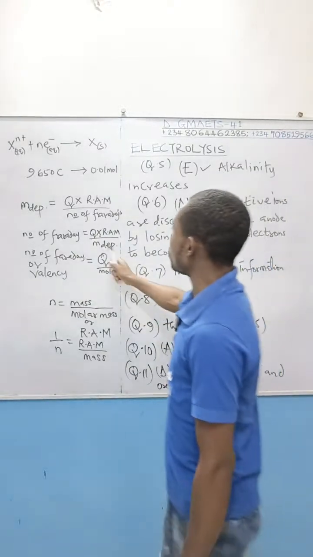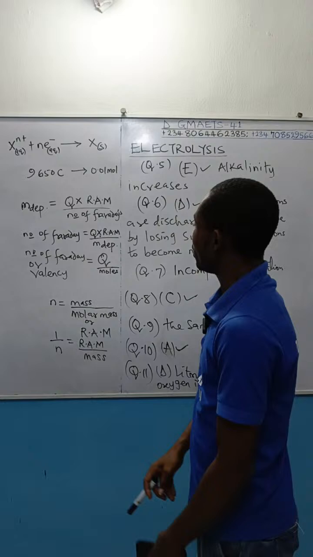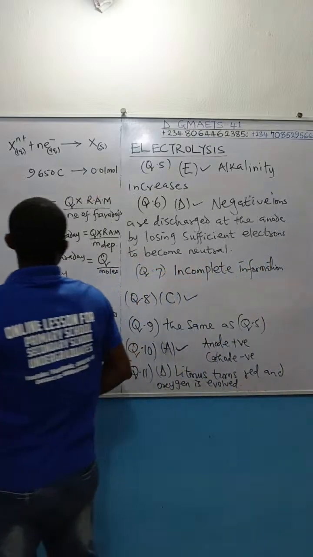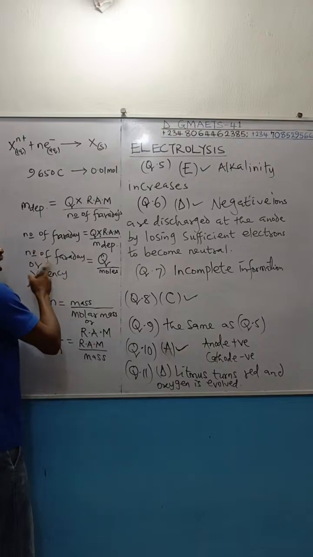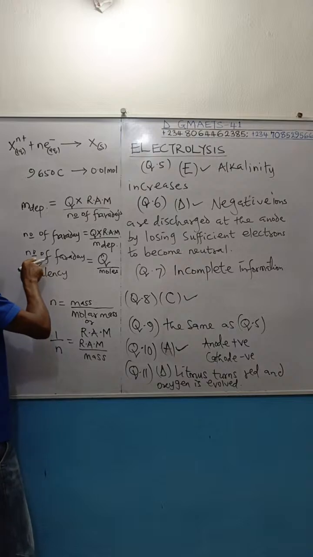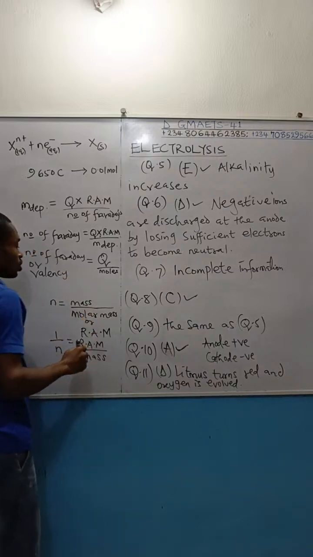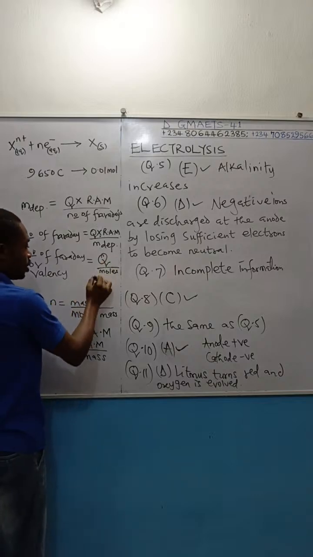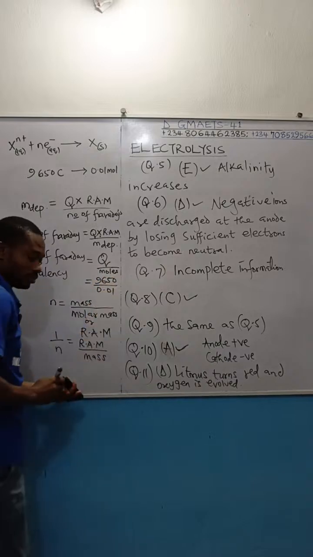So what I'm meant to do is simply to divide this 9,650 by this 0.01. Then whatever I get, I am going to do something to it using 96,500, because in this number of Faraday, you have times 96,500 to get that. So this is going to be 9,650 divided by 0.01.